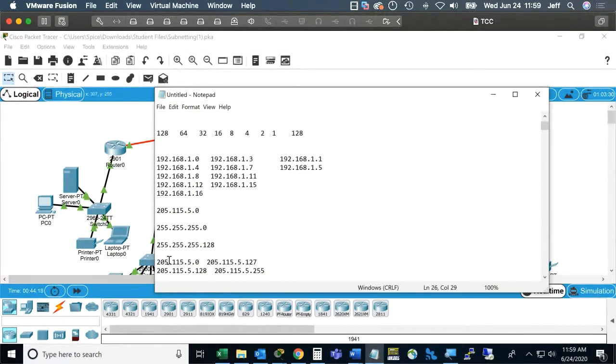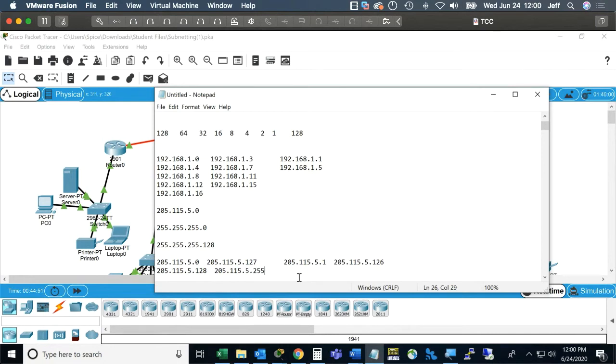So our first network is 0 to 127, and our second network is 128 to 255. So our first usable on the first network is 1, and our last usable is 126. So that's telling us to use 205.115.5.126 as the IP address for that router.